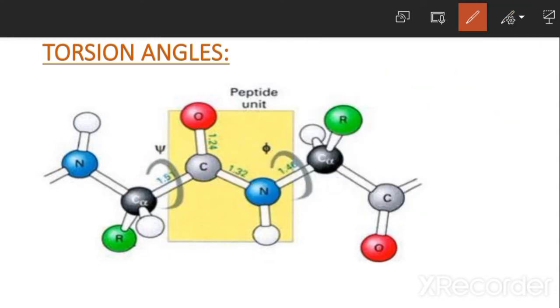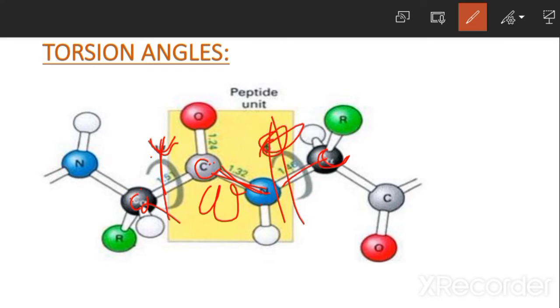How do you remember what is omega, what is phi, and what is psi? The C attached to the C alpha carbon is psi, and on the opposite side, the N-C alpha is phi, and omega is the C-N bond. Clear? C here, that's why psi, the other side is phi, and C-N is omega rotation.